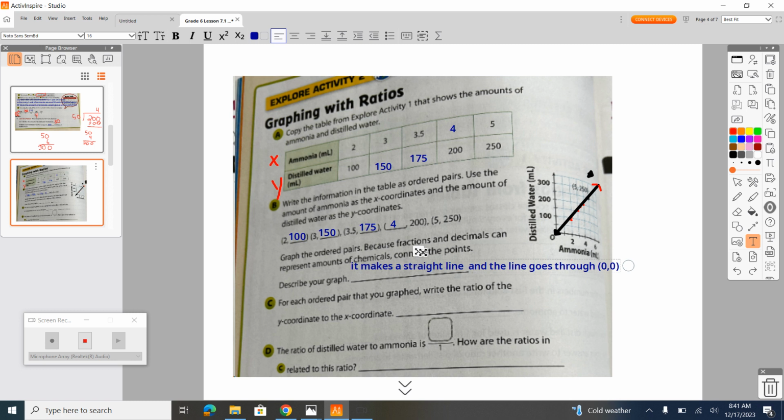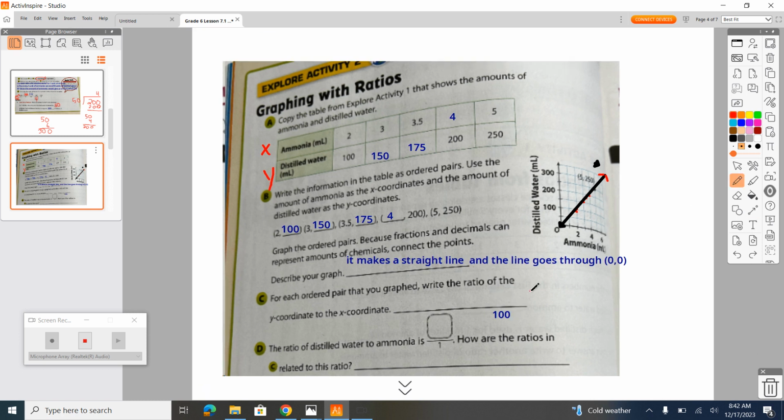For each ordered pair you graphed, write the ratio of the y coordinate to the x coordinate. So that means the y coordinate was 100, and I want it over 2. I'm going to have to write this, and it's hard to see my writing. So 100 over 2. 150 over 3. 175 over 3.5.